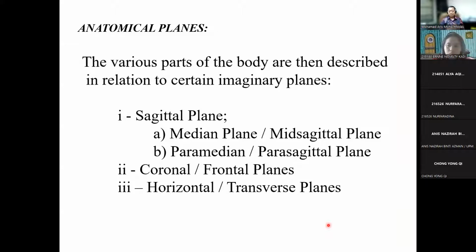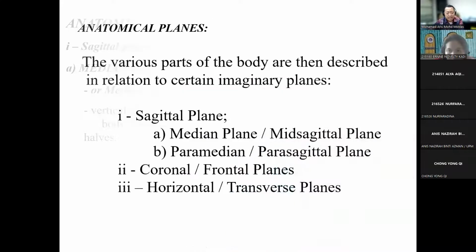Technically, there are three: sagittal plane, coronal plane, and horizontal plane. Coronal can sometimes be called a frontal plane. Horizontal is also known as transverse. Depending on the book, sometimes they use coronal or frontal, but they refer to the same plane actually. Okay, we start with the sagittal plane.